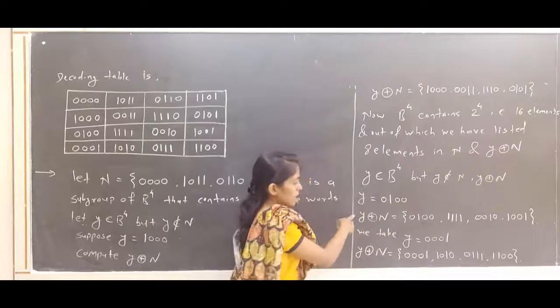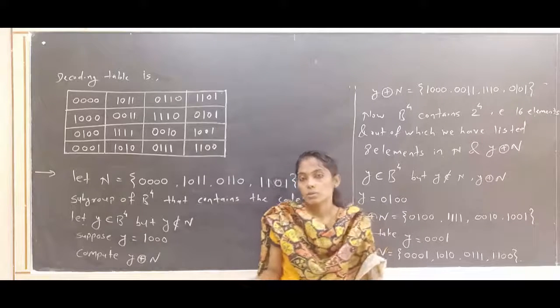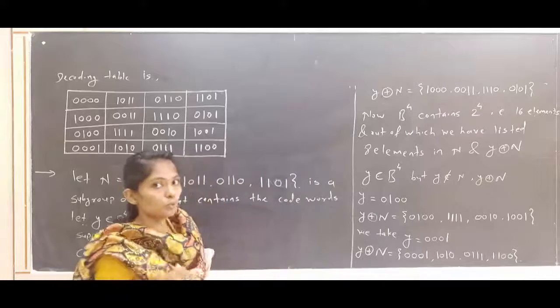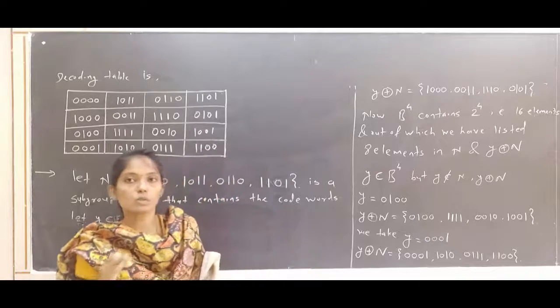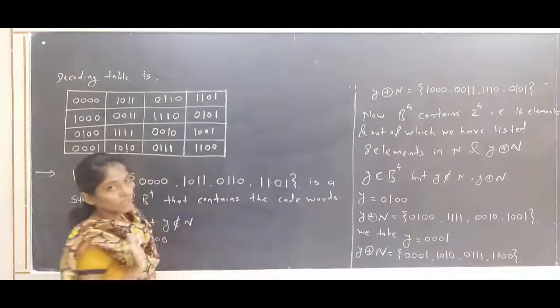So we select it and again find the next coset. We continue this process until we get 2 raised to m elements. When we get 2 raised to m elements, we stop the process and we get the decoding table.